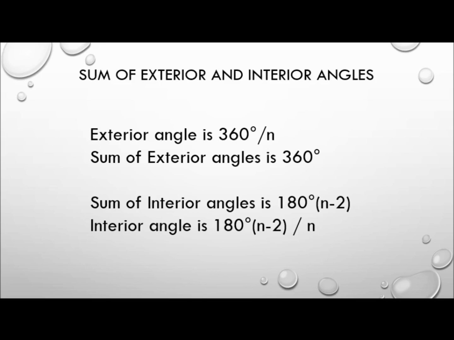And the sum of all the exterior angles of any convex regular polygon is 360 degrees. The sum of the interior angles is 180 degrees into n minus 2, again where n is the number of angles or the number of sides or the number of vertices. And the interior angle is 180 degrees into n minus 2 divided by n.